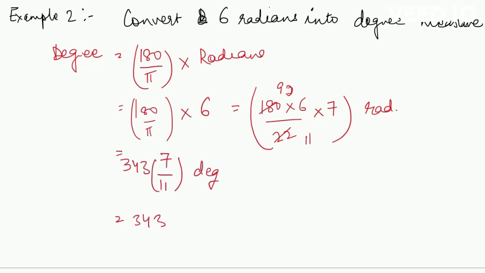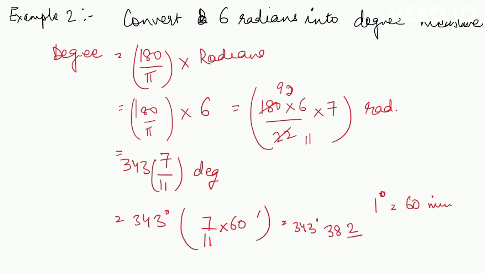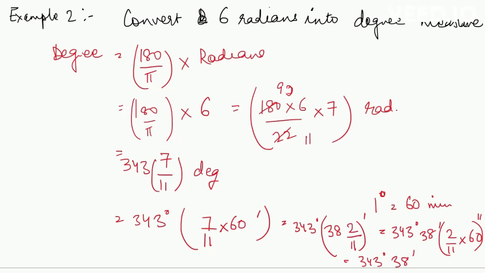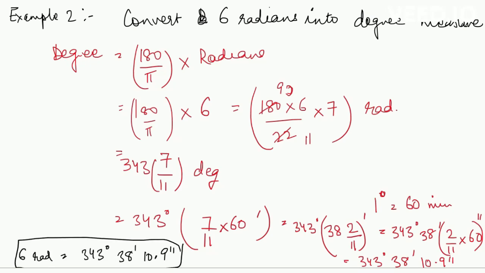So we can convert this degrees into minutes and seconds also. So multiplying 7 by 11 into 60 will give you the minutes, and further on we can multiply 2 by 11 into 60 to get the seconds also.